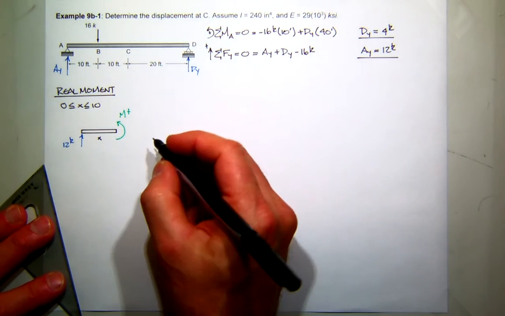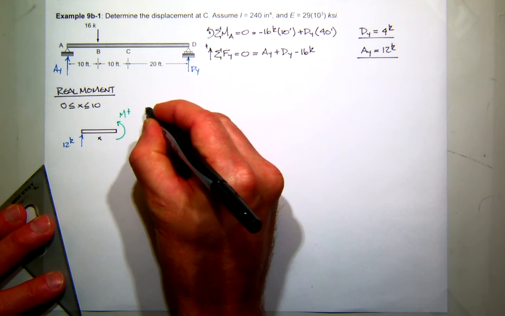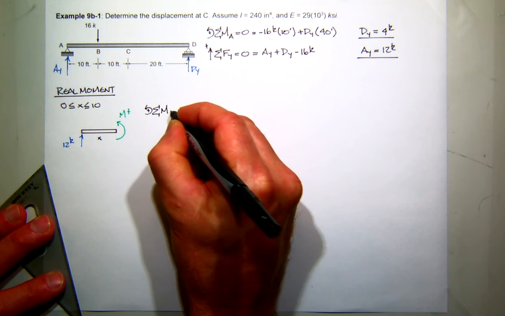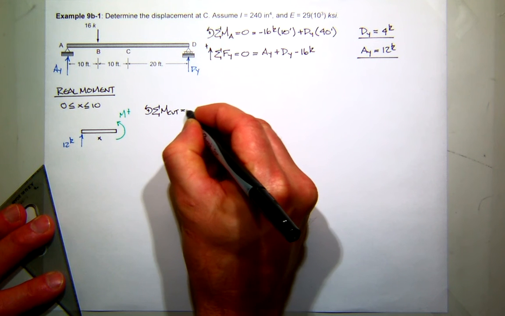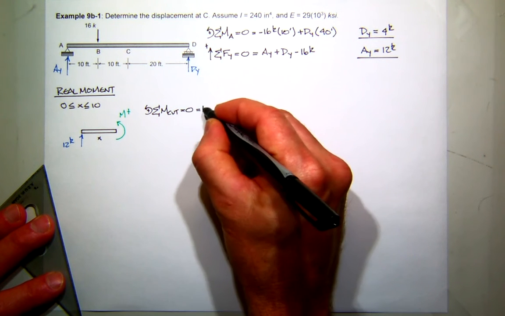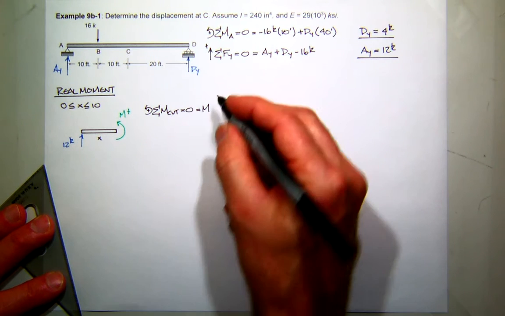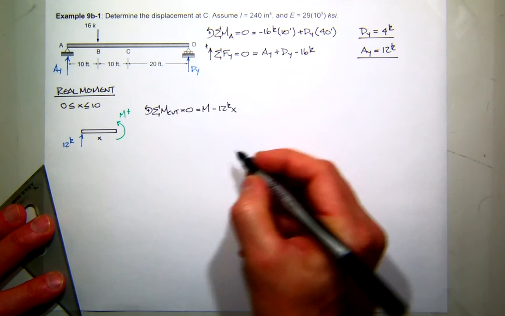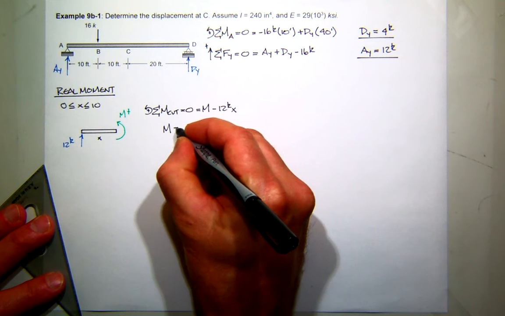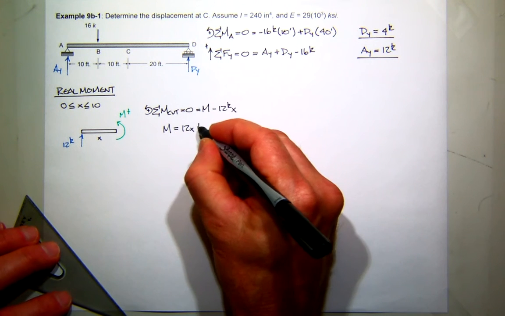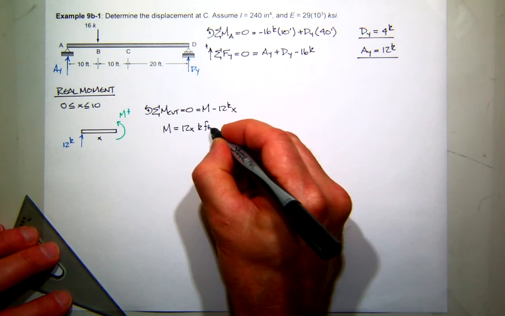Well, that's not too hard to do, is it? So if I sum moments about the cut that I just made and make sure it's in equilibrium, equal to 0, what do I get? I have my internal moment M. Then I have a negative moment created by the 12 kip force times the distance of x. So it looks like my moment in this section is just 12x, and that'll have units of kip feet.